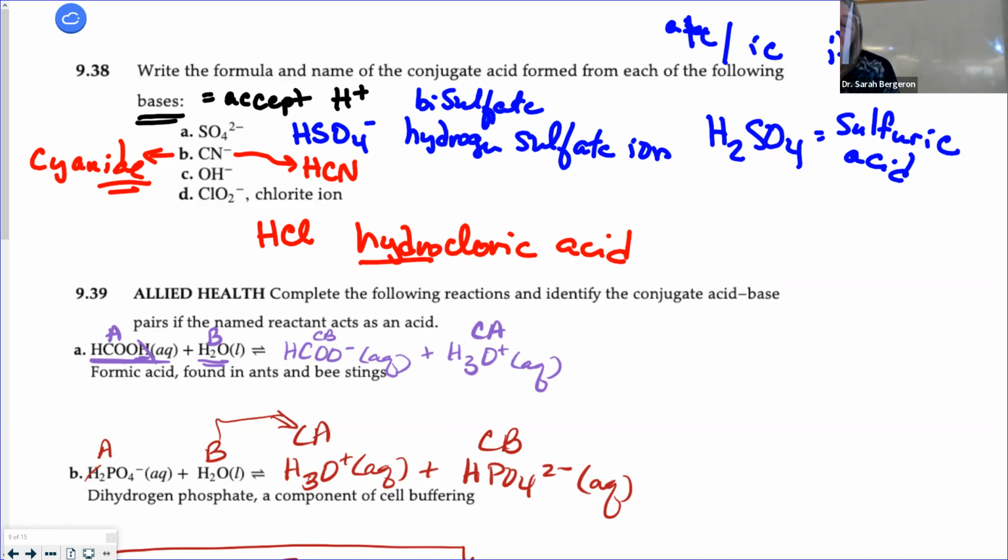So you did hydro, you added the ic and you put acid. Cyanide is an exception to the binary acid rule, right? Remember we said if there were two atoms, this is what you do. But cyanide is one of those things that we write this way too, even though it's on the polyatomic ion table. So how would I name this in this fashion? I would have hydro, what? Cyanic acid, because I put acid.